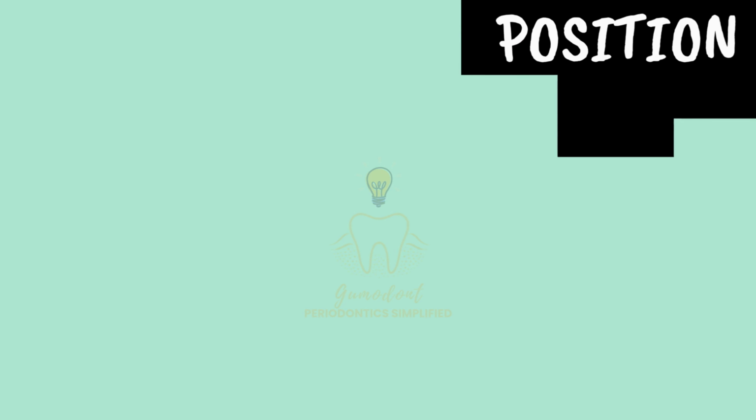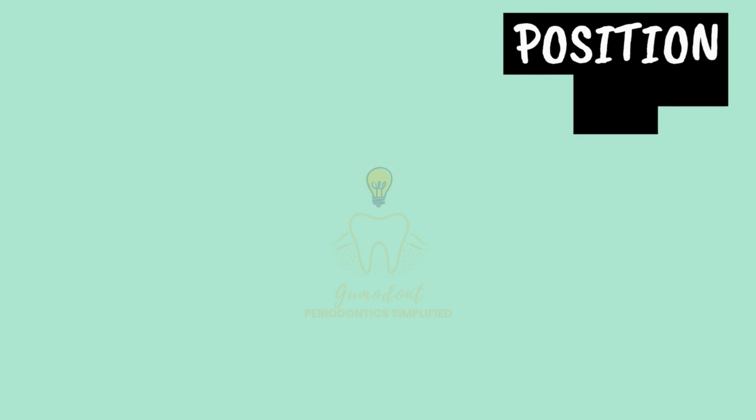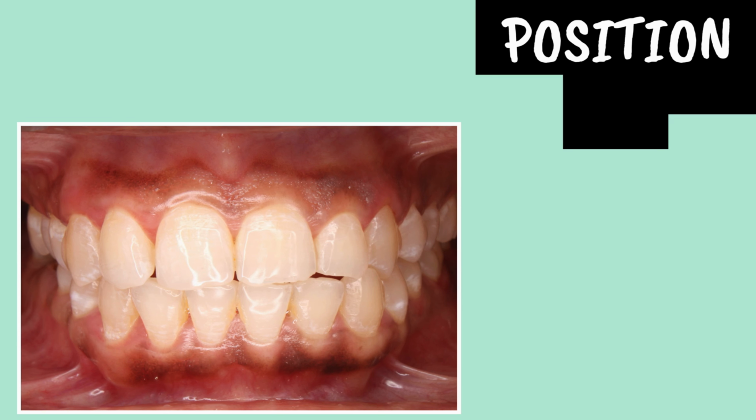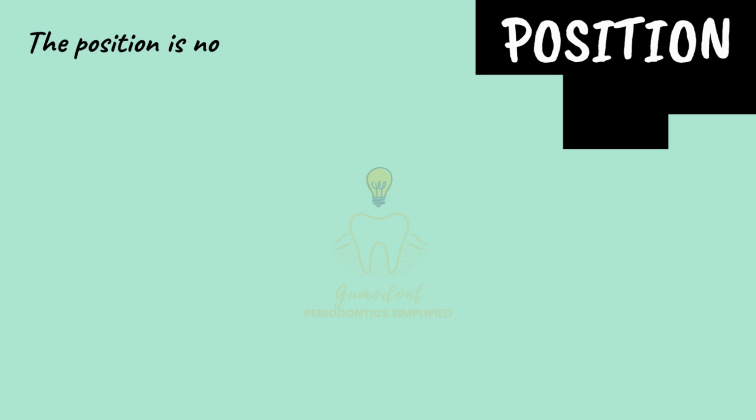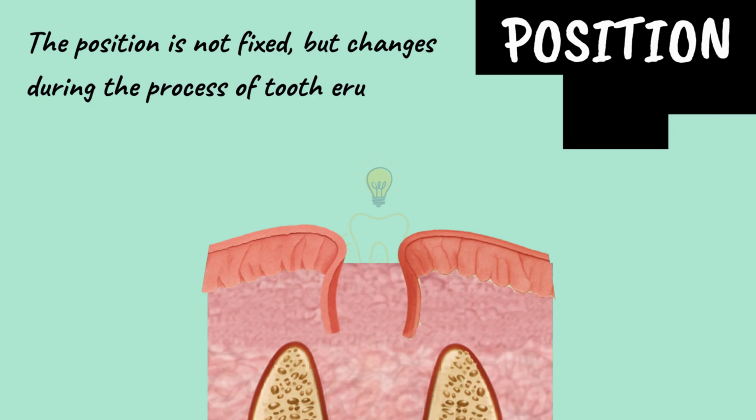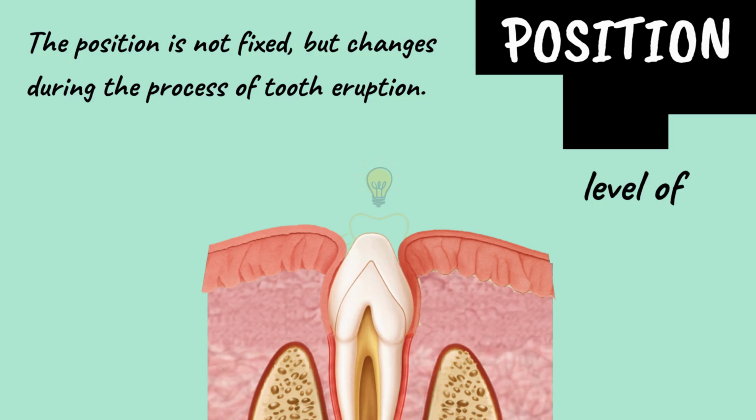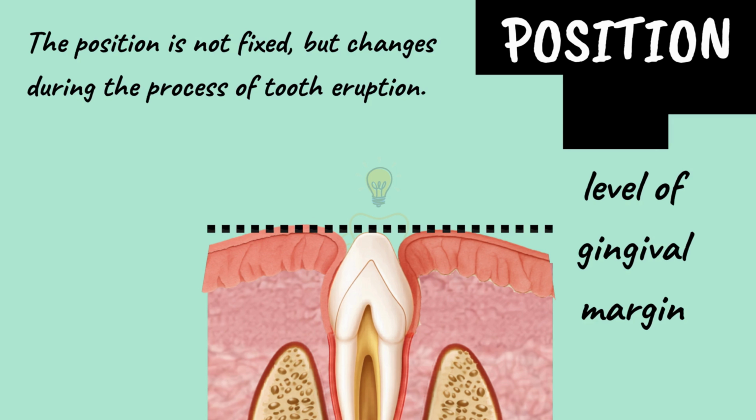Finally, let's look at the position of the gingiva. The position of the gingiva refers to the level at which the gingival margin is attached to the tooth. This position is not fixed but changes during the process of tooth eruption. When a tooth initially erupts, the gingival margin and sulcus are located near the tip of the crown.